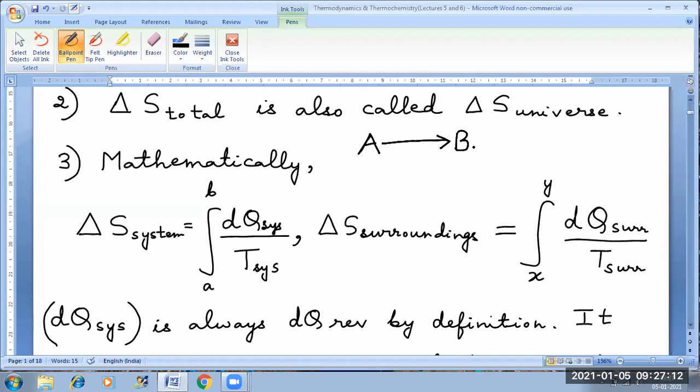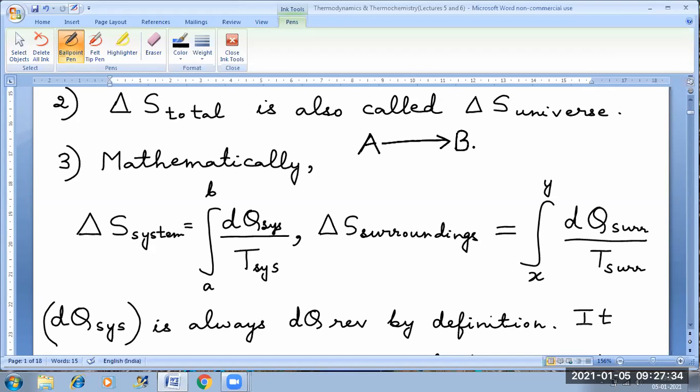This is the convention followed for dq system. So what is dq system? dq system is that value of heat exchanged by the system when the system undergoes a reversible process to reach state B from state A. Right?